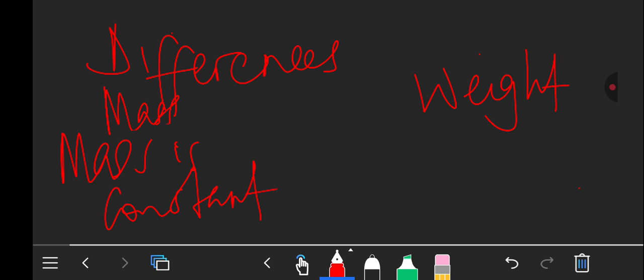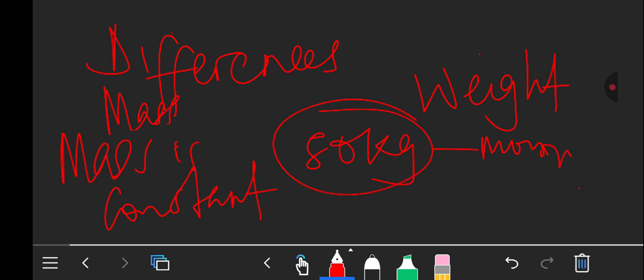If you go to the moon, then let's say you weigh 50 kg. If you go to the moon, you still weigh 50 kg. If you go to Mars, you still weigh 50 kg. If you are on Earth, it will still be 50 kg. Mass does not change.